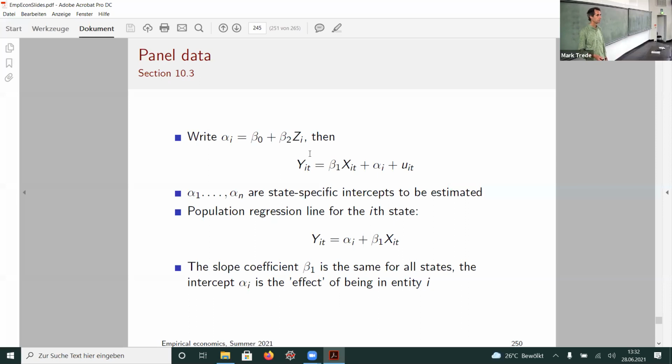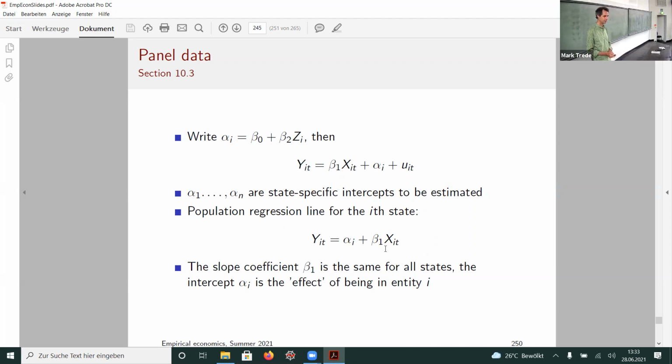All right, so if we only look at one state, then we have a population regression line for that state, which looks like this. And we can see here that the slope coefficient, by assumption, is identical in all states. If you don't believe that this assumption is a good assumption, then of course you shouldn't make this assumption.